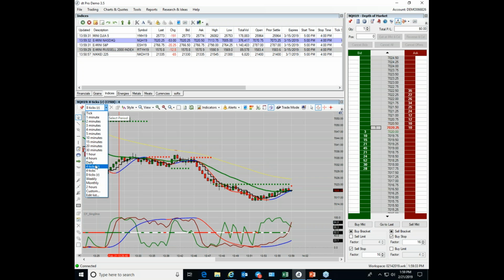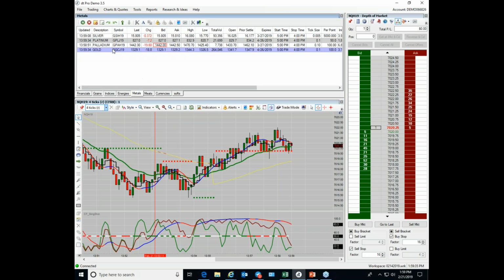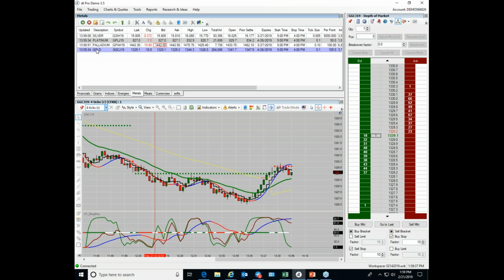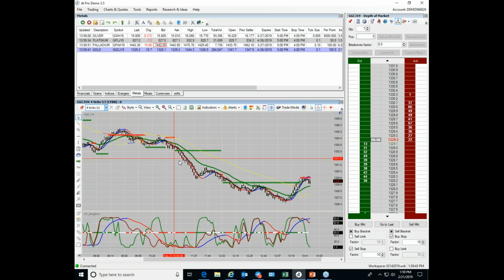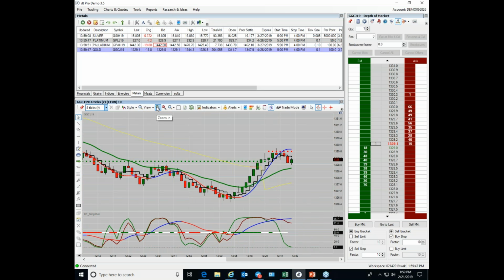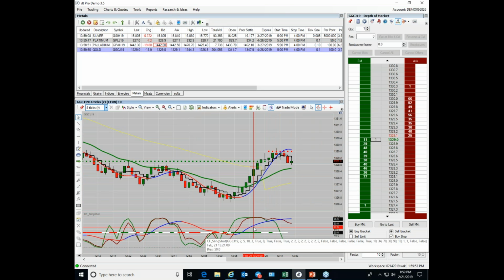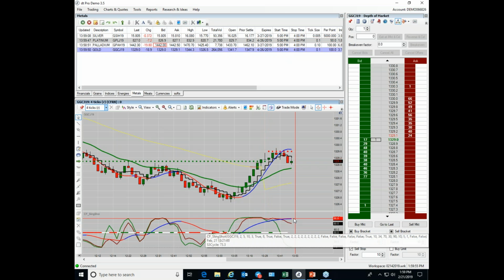All right, I'm going to take one quick look around. Going to the gold. We've been in a downtrend all day in the gold. This is our first pullback to the BBC. We have the separation. We have actually a blue cycle, and we have a separation.